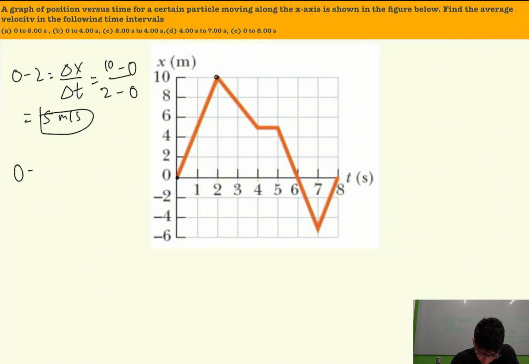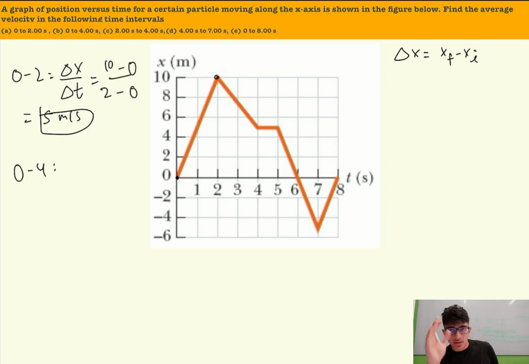Okay, next one, 0 to 4. I should have written the equation: the displacement is x final minus x initial. Don't get too worked up with the letters, it's just x final and x initial. I think x initial is easier, because you're just looking at 0.